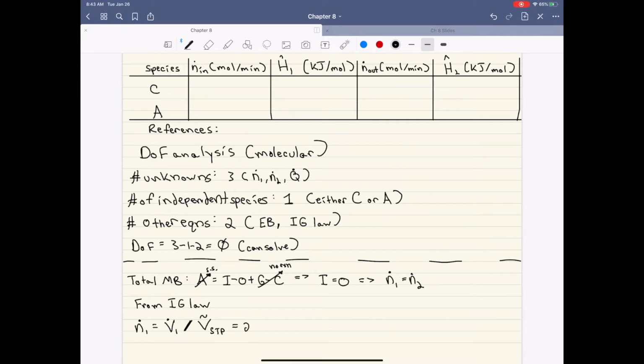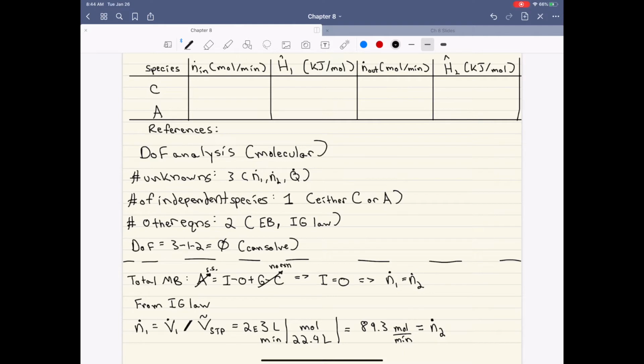In any case, we could start plugging in different values. So our volumetric flow rate at STP conditions is 2 times 10 to the 3 liters per minute. Like I said, the molar volume at STP conditions is 22.4 liters per mole. Therefore, our molar flow rate is 89.3 moles per minute. That's what we get for N1, but from the material balance, we know that is the same value for N2.